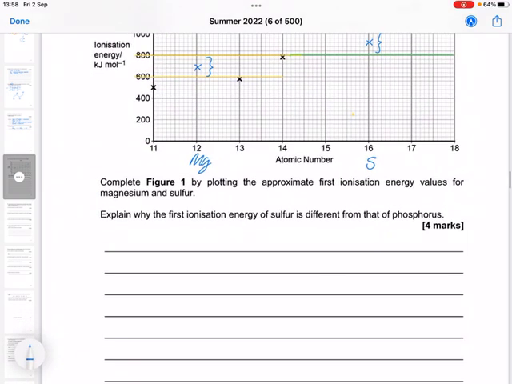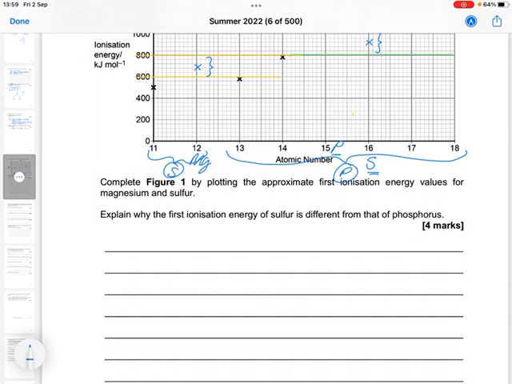It then says, explain why the first ionisation energy of sulfur is different from that of phosphorus. So these ones here, that's the s subshell. These ones here, that's the p subshell. I've got phosphorus here and sulfur over here.